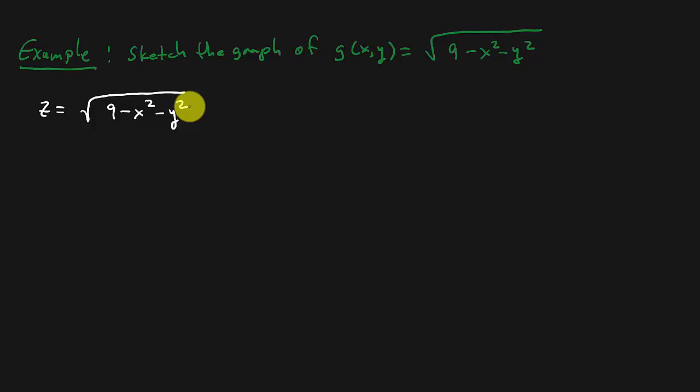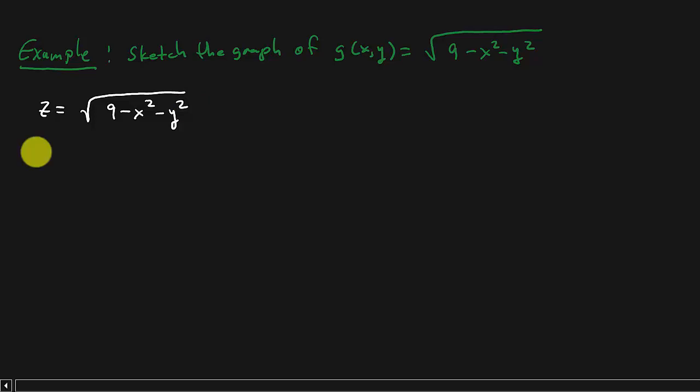Now, how do we go about graphing this? This is so similar to graphing a circle. Let's look at it this way. Let's square both sides. If I square both sides, I get z squared is equal to 9 minus x squared minus y squared. And so that gives me x squared plus y squared plus z squared equals 9. So what is this?